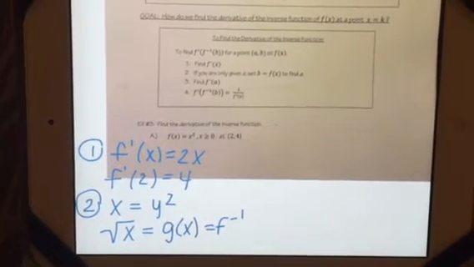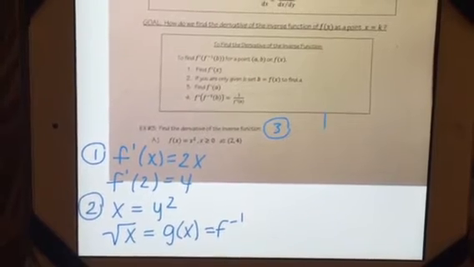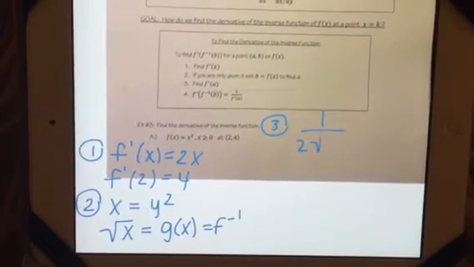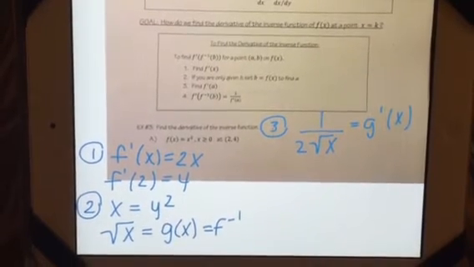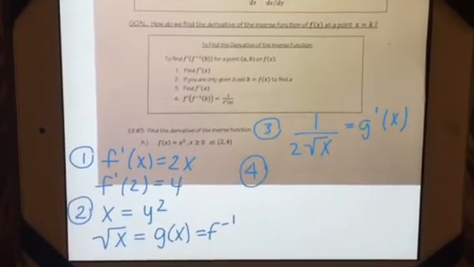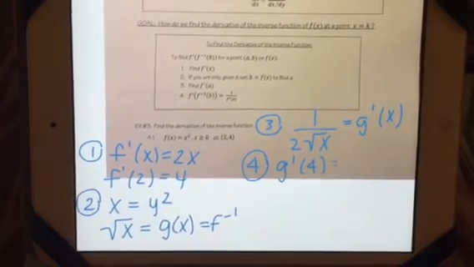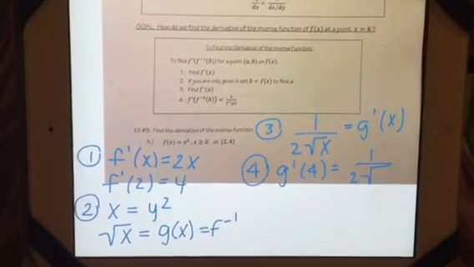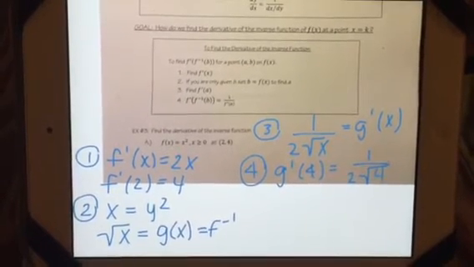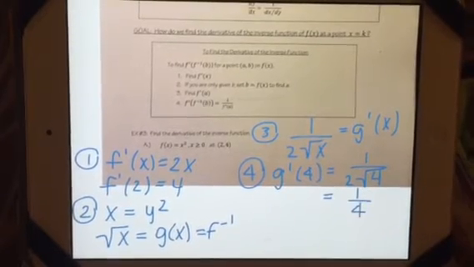Find the derivative of our inverse function. So that's 1 over 2 square root of x. We'll call that g prime. And now you're going to substitute in the y value that you were given into the derivative of the inverse function, and you end up with 1 over 2 square root of 4, which simplifies to 1/4.